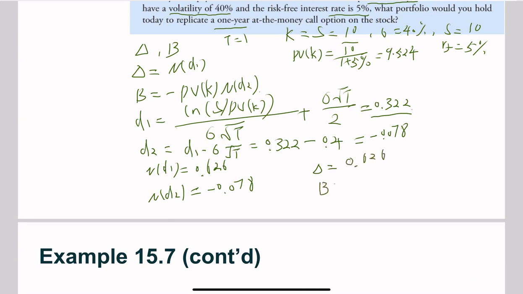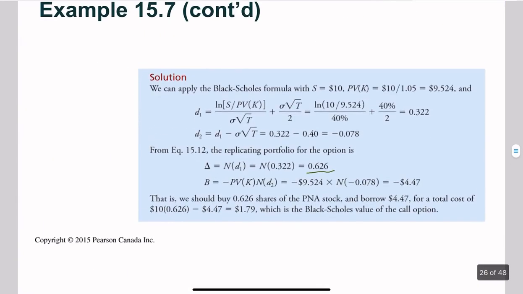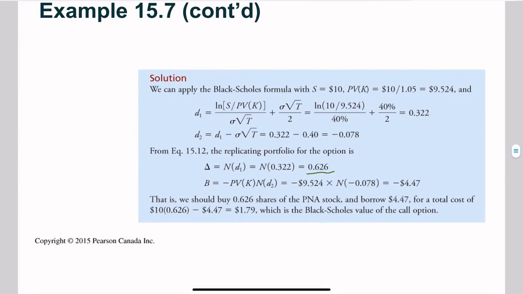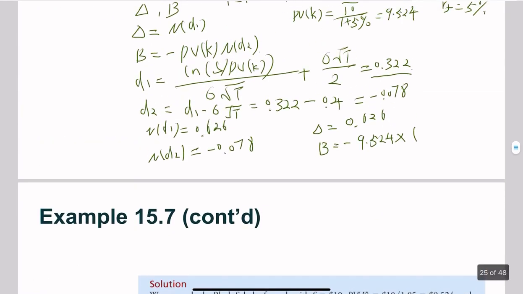And then B equals minus PVK, which is 9.524 times N(D2). So where's N(D2) here? Oh, we don't have this N(D2). So I'll just write N(D2) equals this number.